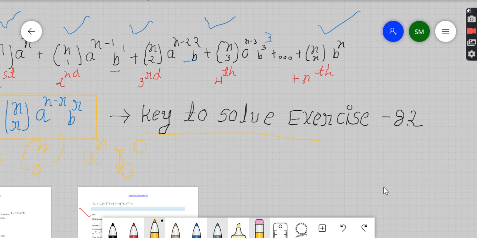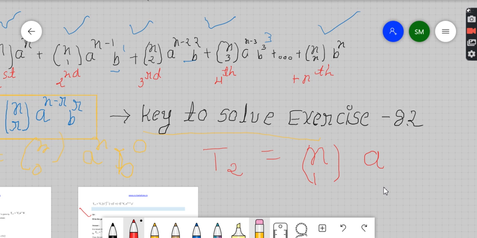T r plus 1, now r equal to say 1. Then you will get second term. My formula is nCr, you are putting 1 now. Alright, just replace 1.